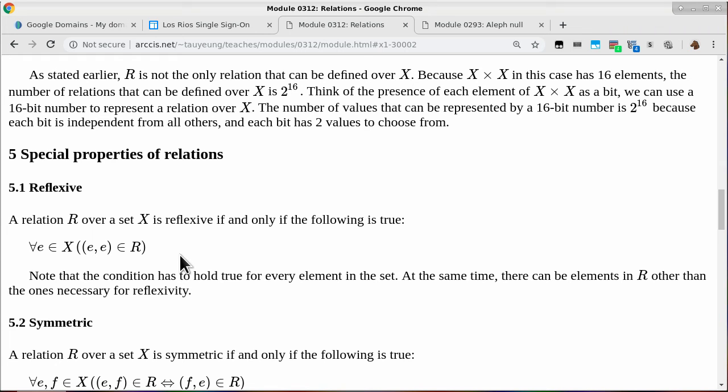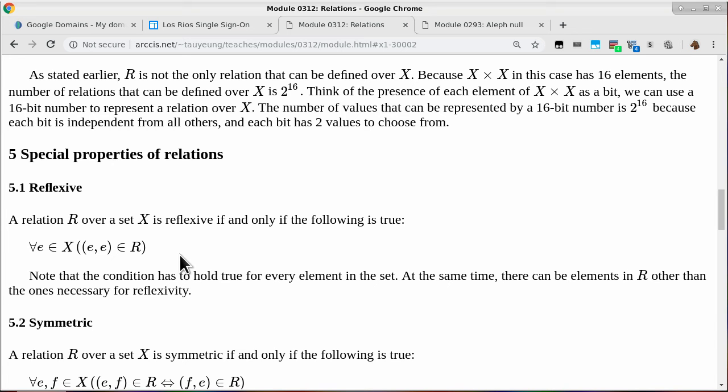Give me any element E, and E has to be in R. In other words, E has to relate to itself. If you can show me that every single element in the set X relates to itself, then the relation R is known to be reflexive. Is that okay?